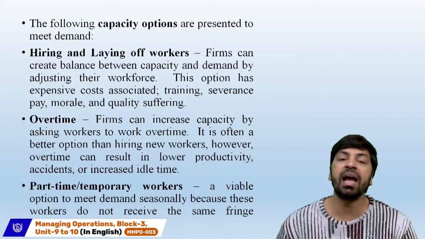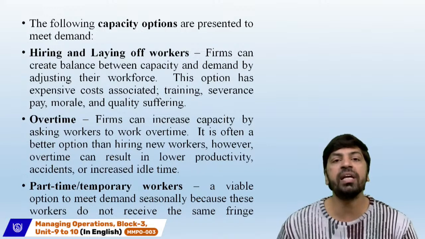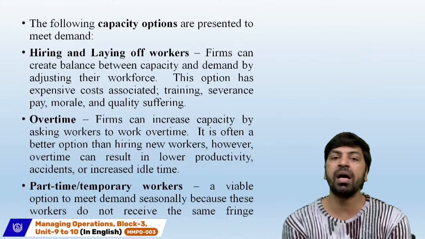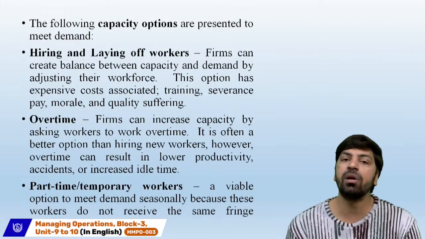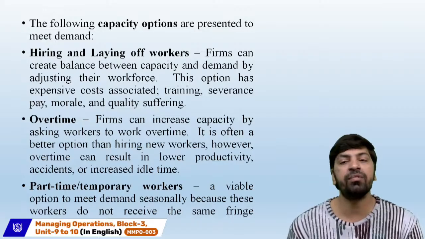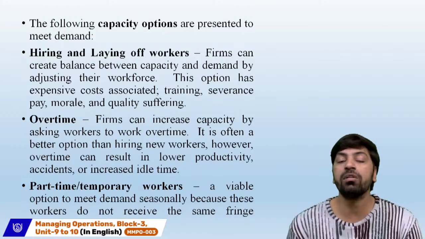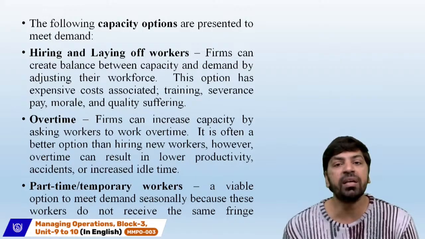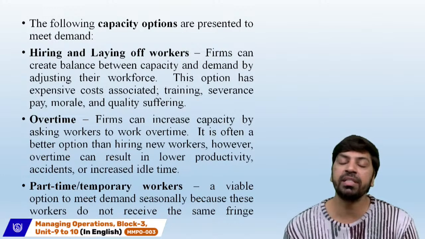So the capacity options are also available, and one of the options is hiring and laying off workers, where the main purpose is to create the balance of capacity and demand by adjusting their workforce. This option is available where there is a shortage of workforce, but unfortunately it also incurs expensive costs associated with the training, the services, the pay scale, and the morale and quality suffering.